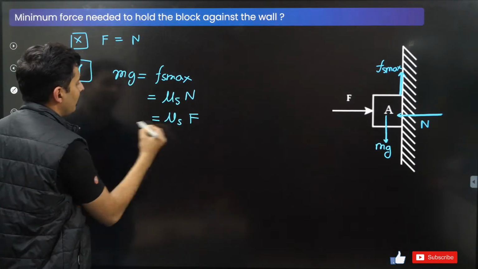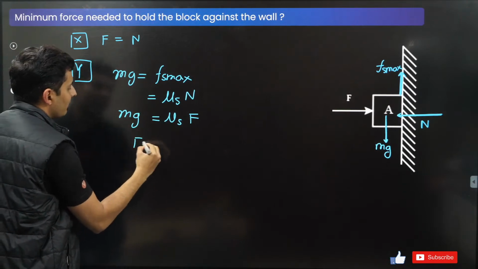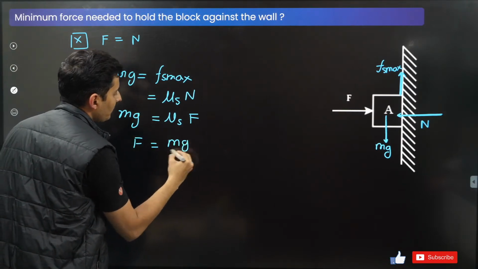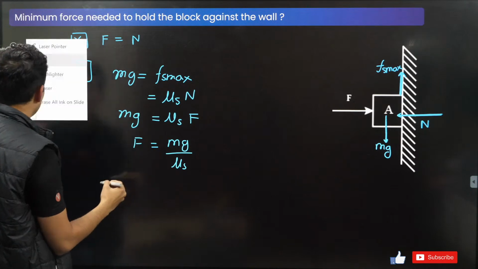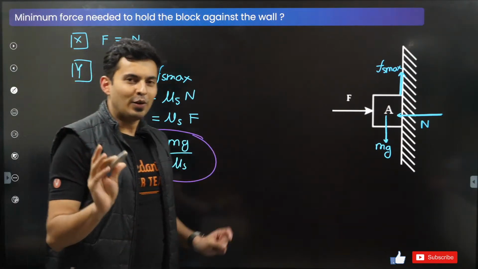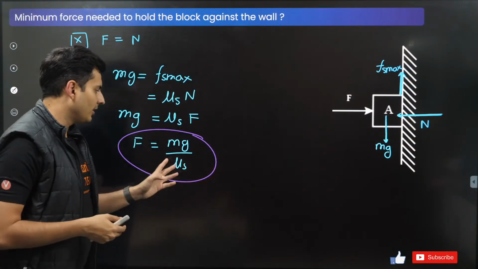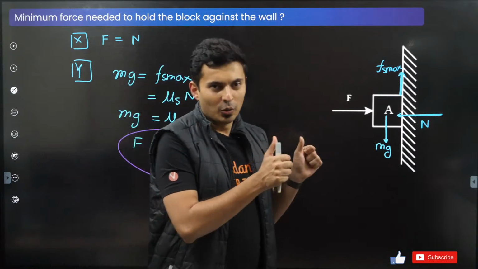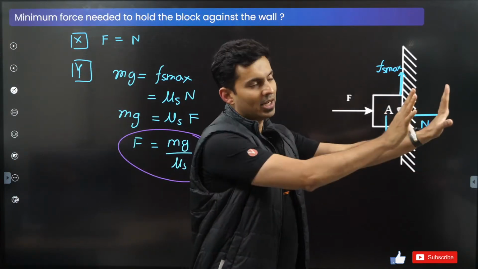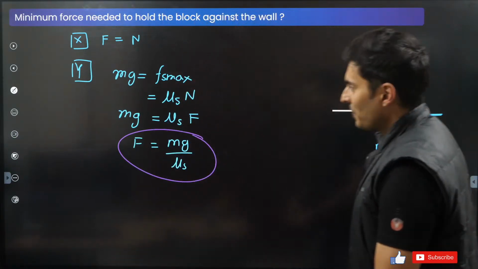N is nothing but F. So it will be mg is equal to mu s F. So F will be mg by the coefficient of static friction. That's it. That is my answer. Then done. If I know mass of Laddu, if I know g, which is approximately 10, and if I know mu, that's it. I know how much minimum force I should hold him against the wall so that he does not slide down, and it will be a flop show otherwise.